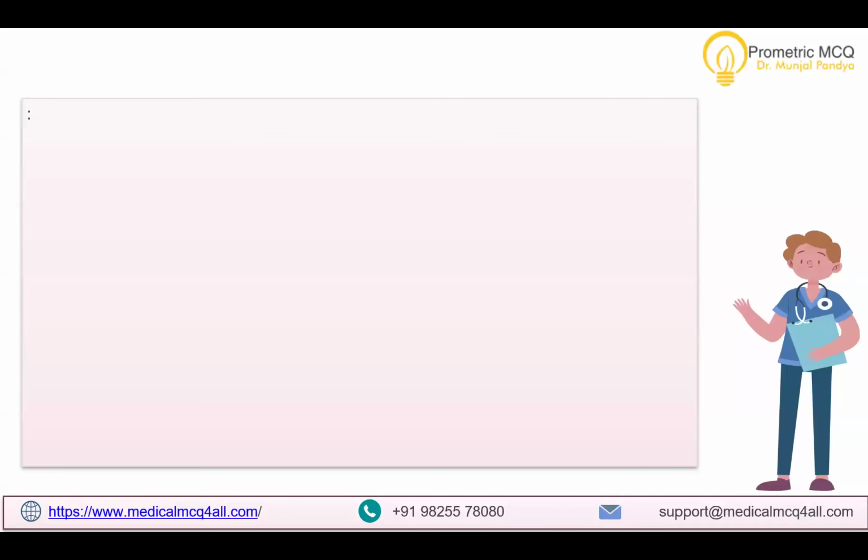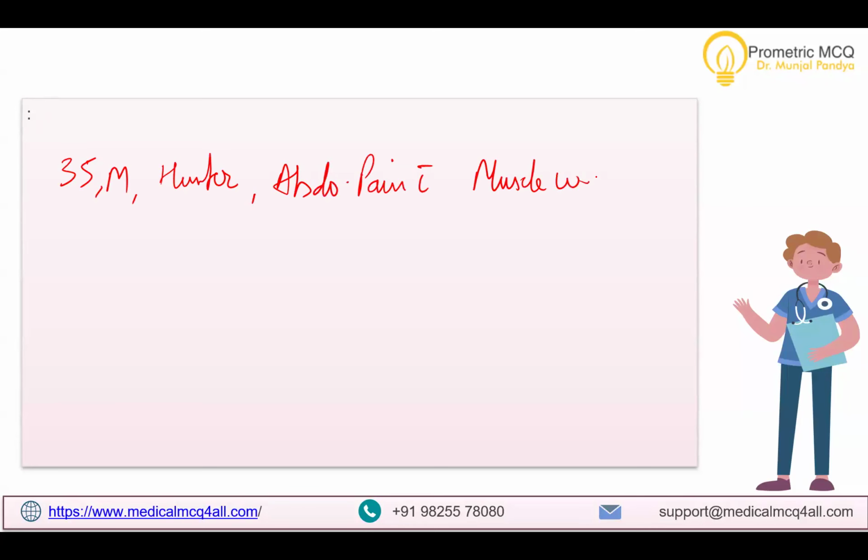Yes, ma'am. Okay, now let us revise it with three questions. There is a 35-year-old male who is a hunter by profession and he has abdominal pain with muscle weakness. What is he having?